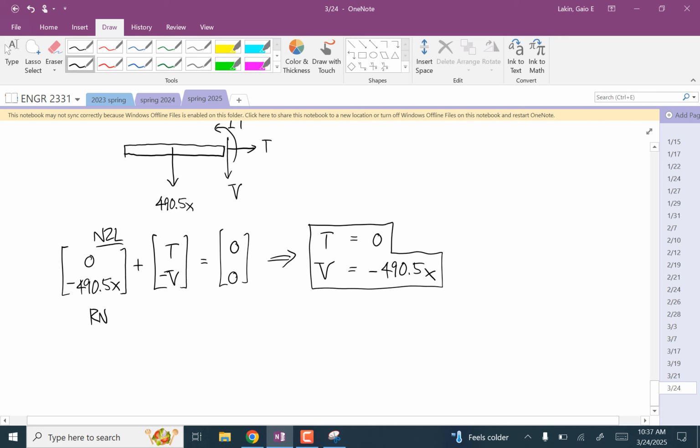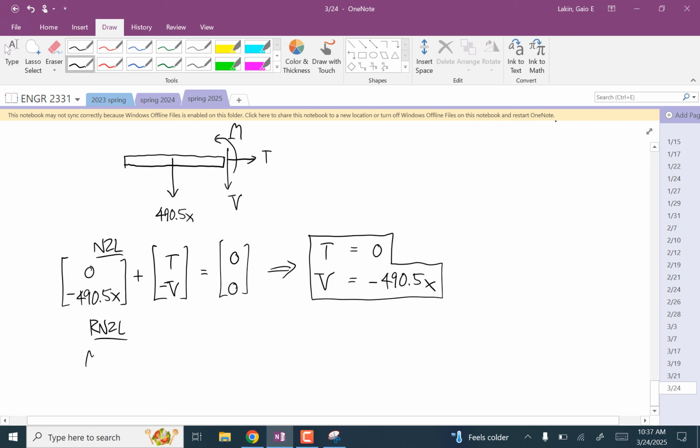The moment equation about the z-axis says M minus Vx is equal to 0. So M is equal to negative 490.5 x squared.